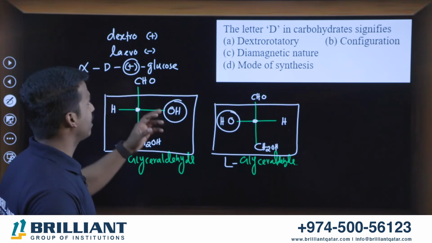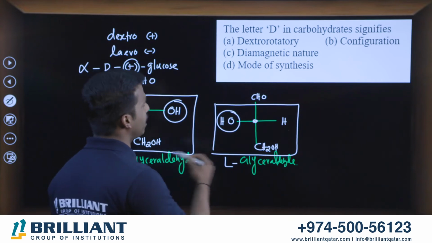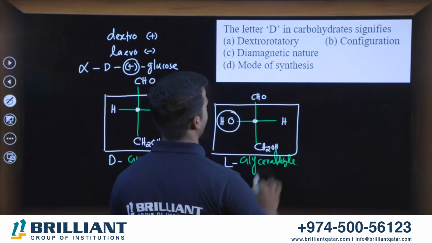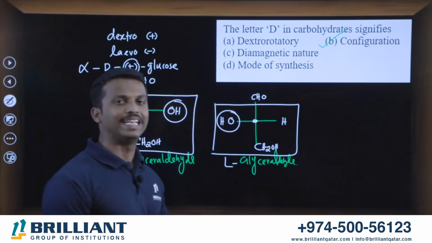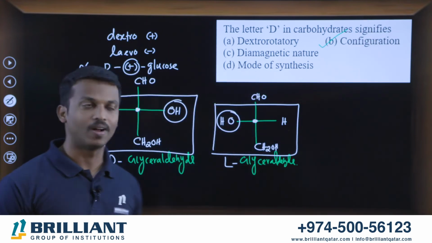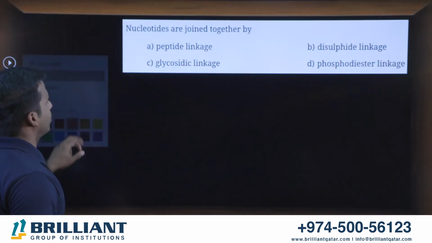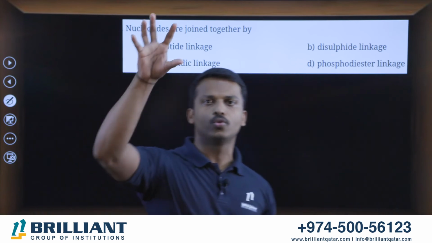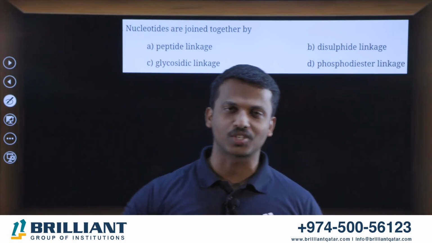So the letter D in carbohydrates signifies which one? Not dextrorotatory, but the configuration, D and L configuration. Alright, next one. Nucleotides are joined together by, dear student, two nucleotides are joined together through which type of interaction?